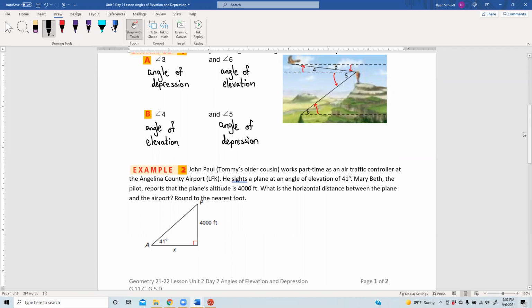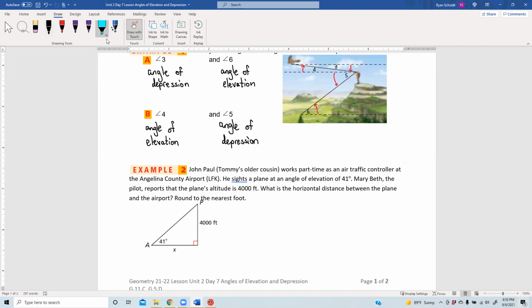Actually, it's KLFK, but we'll just say LFK. He sights a plane at an angle of elevation of 41 degrees. Mary Beth, the pilot, reports the plane's altitude is 4,000 feet. What is the horizontal distance between the plane and the airport? Round to the nearest foot.